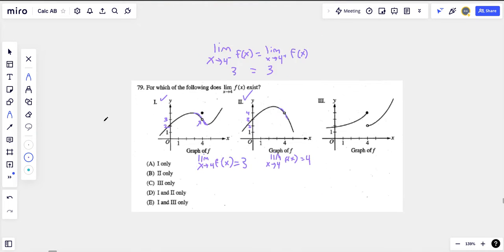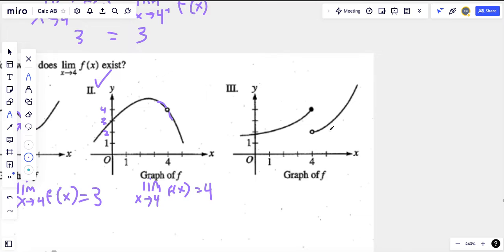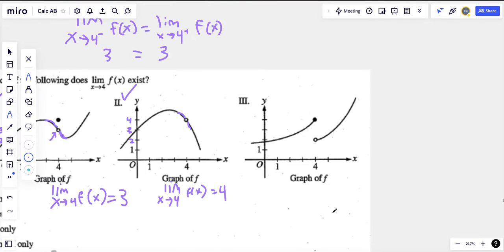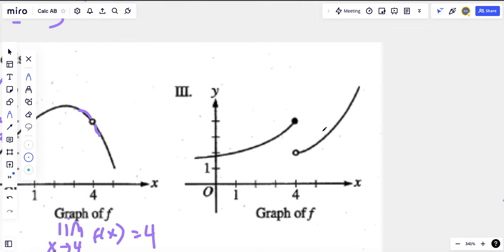But now let's look at the last case. And we're going to do the same thing. Compare the limit from the left to the limit from the right of 4. So from the left, we're going like this, approaching whatever this y value is. And from the right, we're going like this, and we're approaching whatever this y value is.